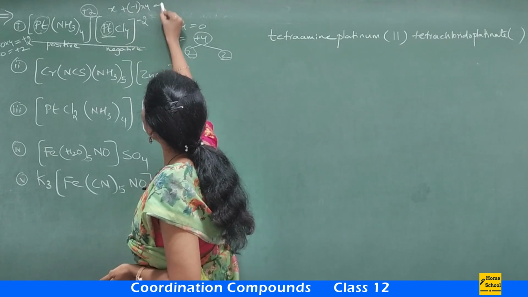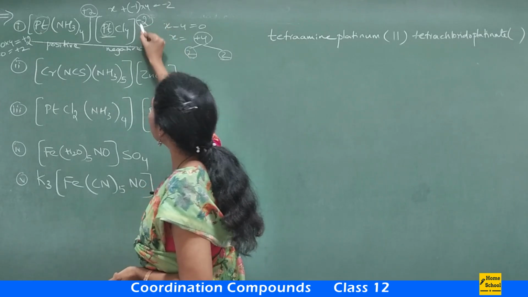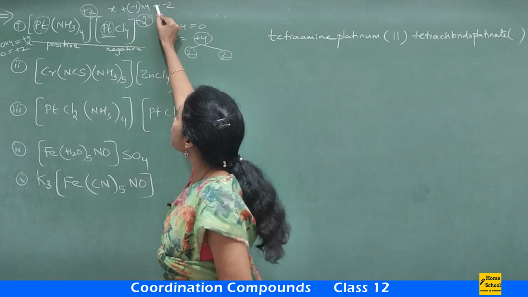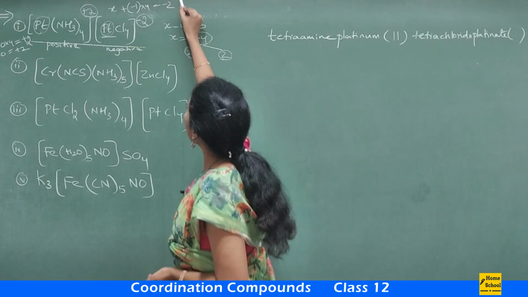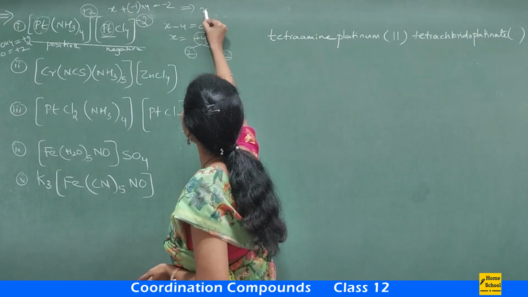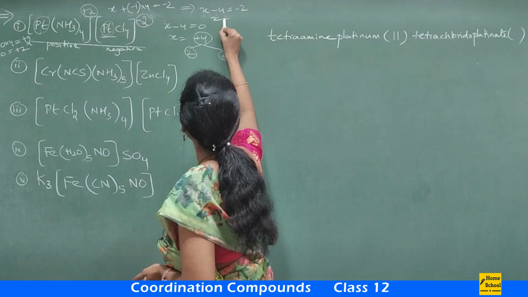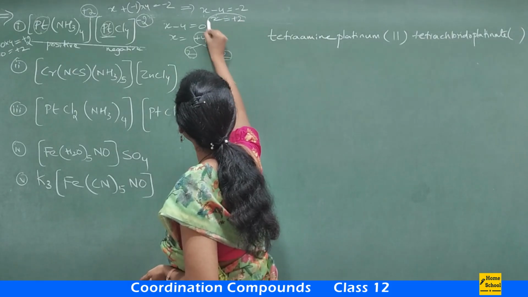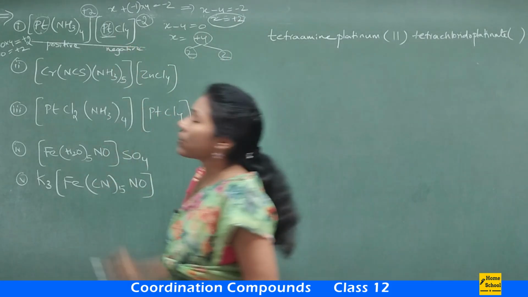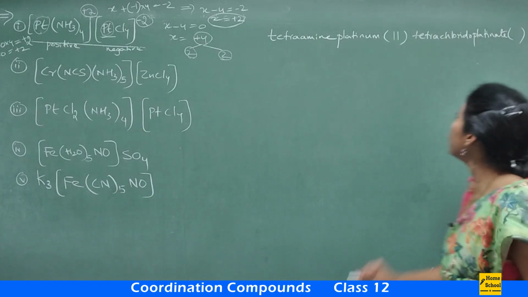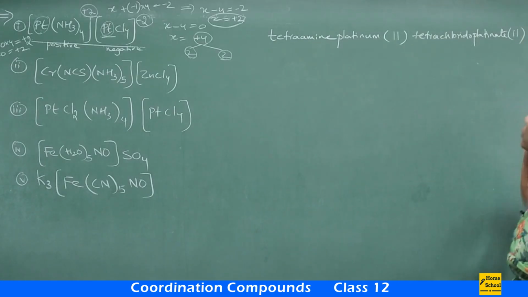I am equating it for minus 2, since you have a charge on this complex of minus 2. So you will get X minus 4 is equal to minus 2. That means finally X is equal to plus 2, isn't it? So this platinum's oxidation state is also plus 2, Roman number 2.